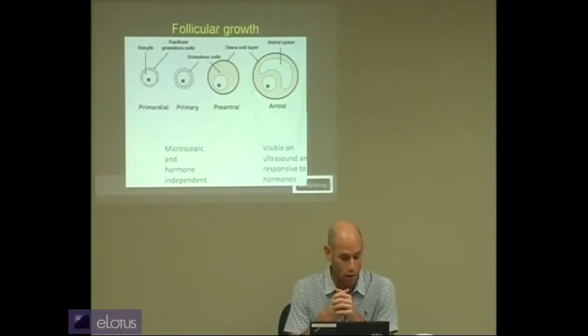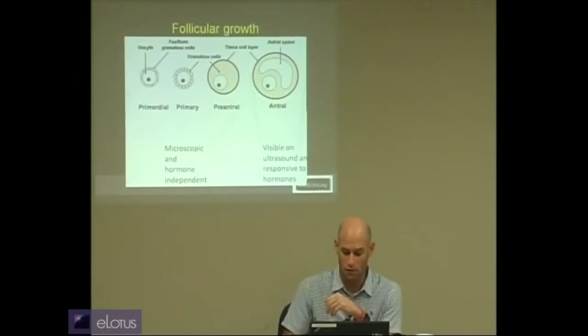The primordial follicle changes to become the primary follicle, and then from primary it grows on to become a preantral follicle. All of those you cannot see on ultrasound or with the naked eye. The antral follicle, which is the stage after that, which is the stage that responds to all those hormones we were just talking about, that's visible. That's what we saw. That's what has this fluid clearing that eventually is what allows the follicular release of the egg.